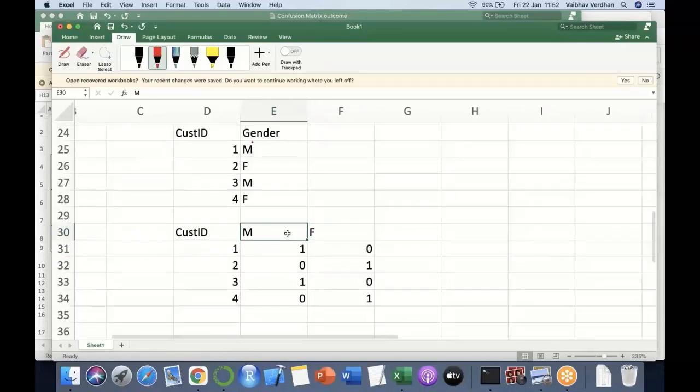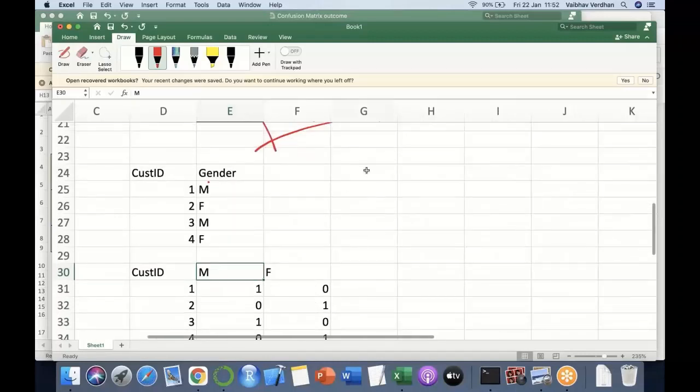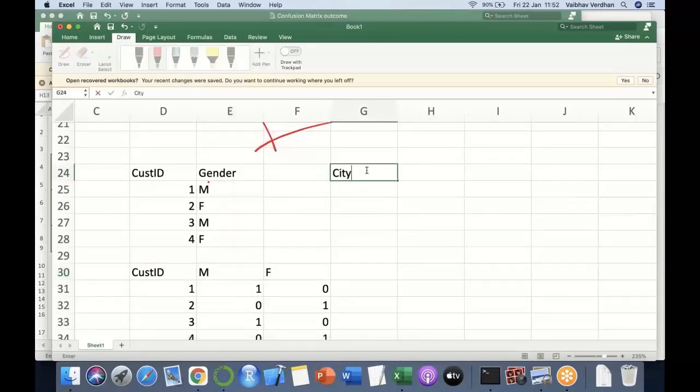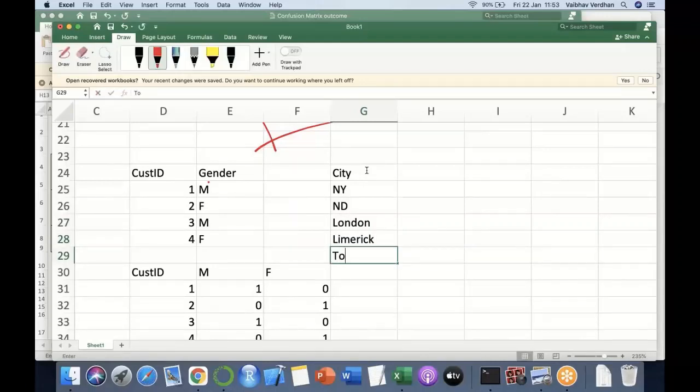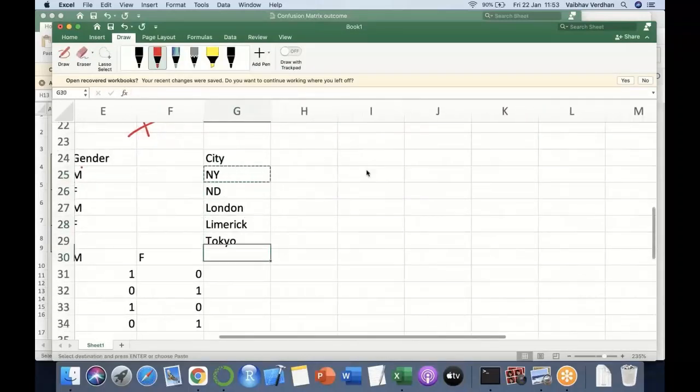But obviously, if the number of classes is high, let's say we have city: New York, New Delhi, London, Limerick, and Tokyo, in that case it would create 5 variables like this.